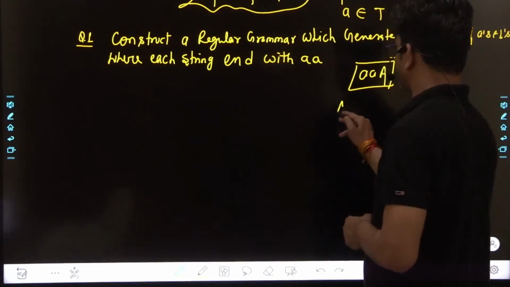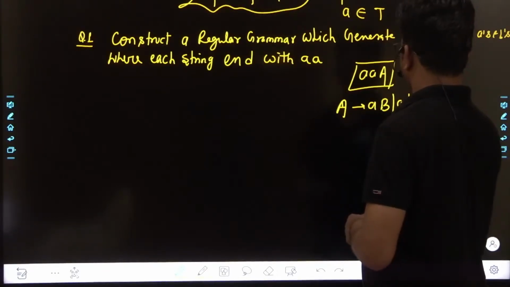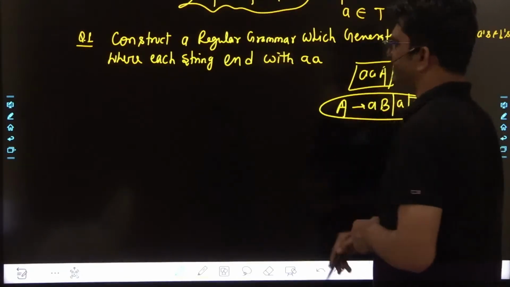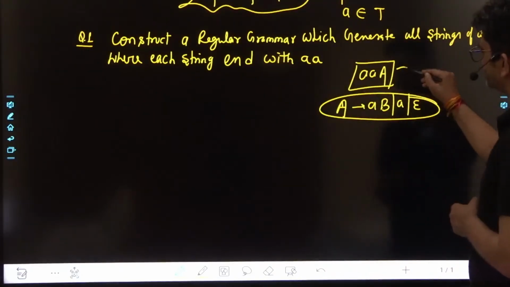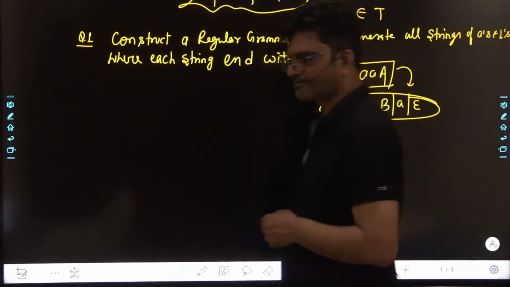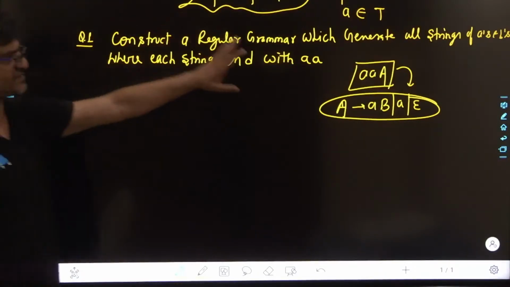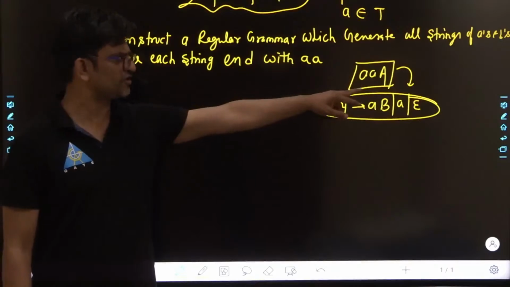This is the restricted right linear form: A, B, A, epsilon. So this production does not satisfy the restricted right linear form. If I take the restricted right linear form as the construction, then this is not valid.